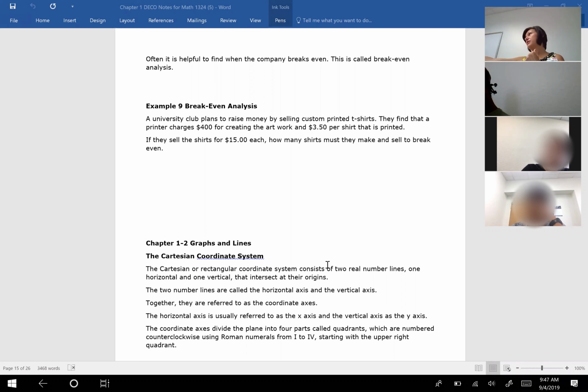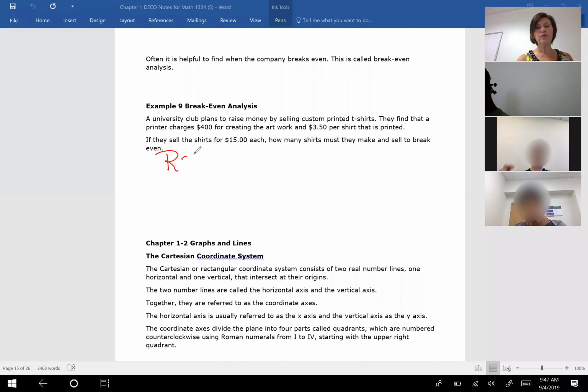By the same token, if I'm the person buying the shirts, I need to figure out exactly what it's going to cost, because it might not make sense for me to order these if it's going to make each shirt terribly expensive because of having to pay for the artwork. So tell me how we can calculate what the revenue would be if I'm making the shirts and selling them. What am I going to be collecting in revenue?